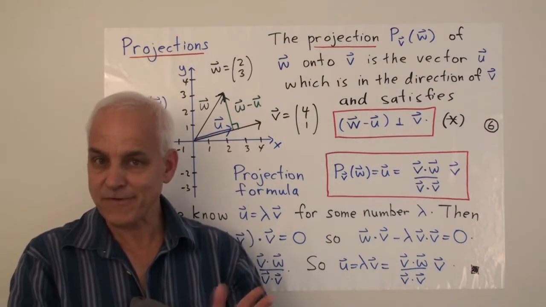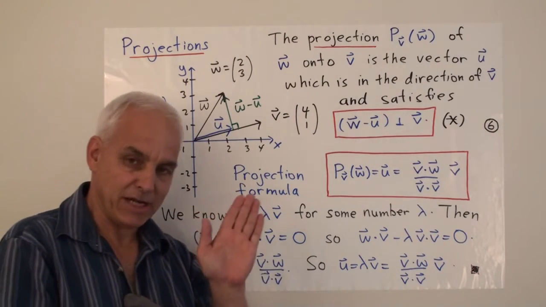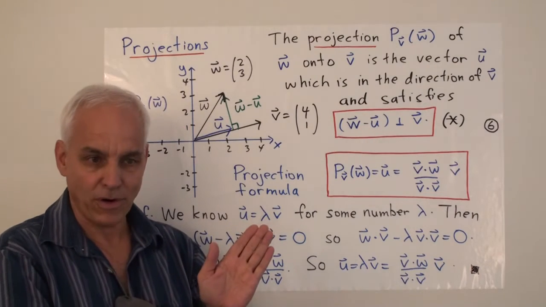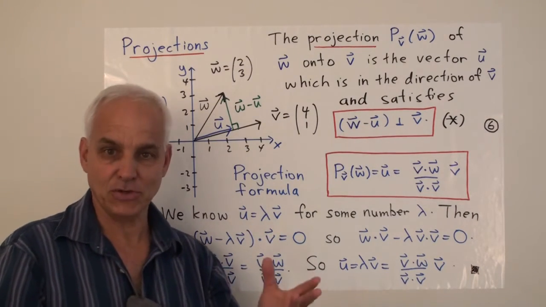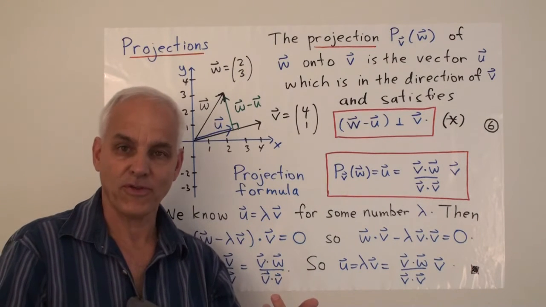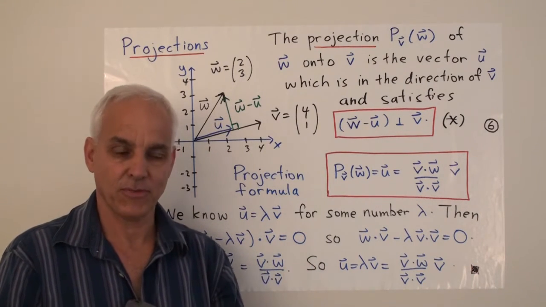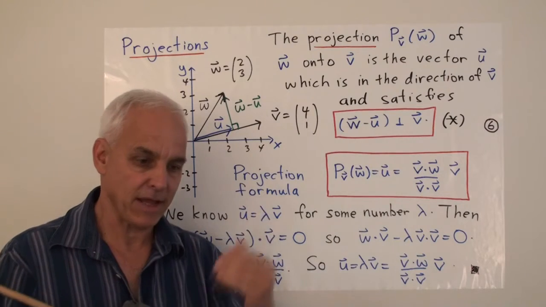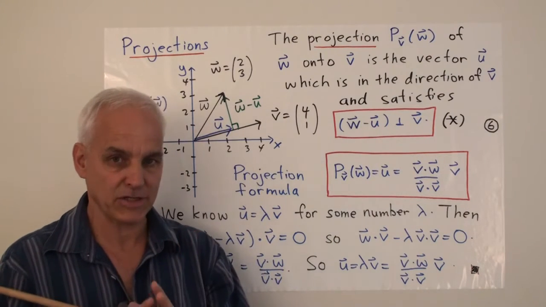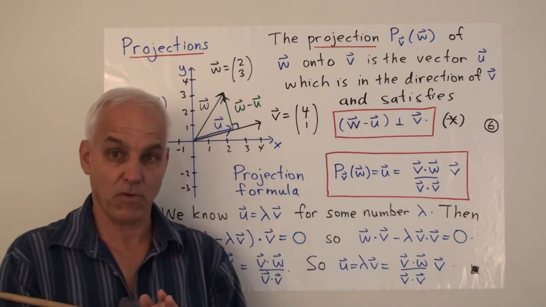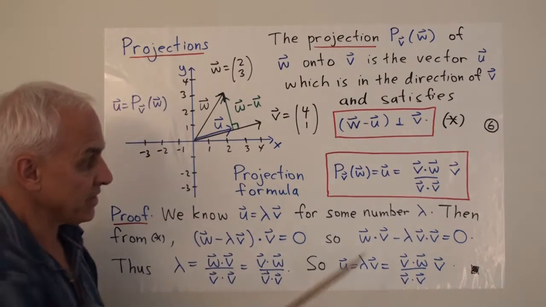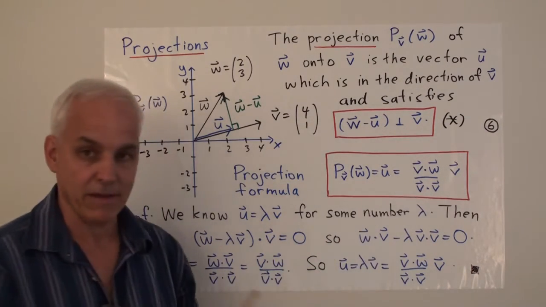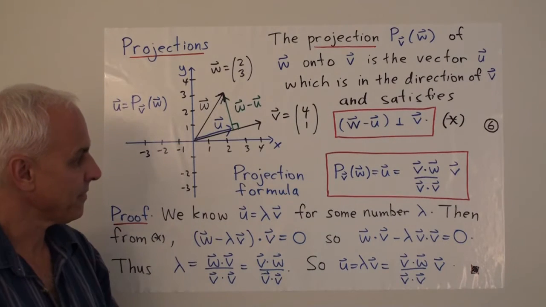In physics, it's very important because projecting one force into a certain direction is something that physicists use all the time to resolve forces. Engineers do this when they're making constructions and have lots of forces acting in certain directions. They have to resolve forces, or sometimes velocities or accelerations, whatever have you. So this is a very useful formula applied in many different situations.